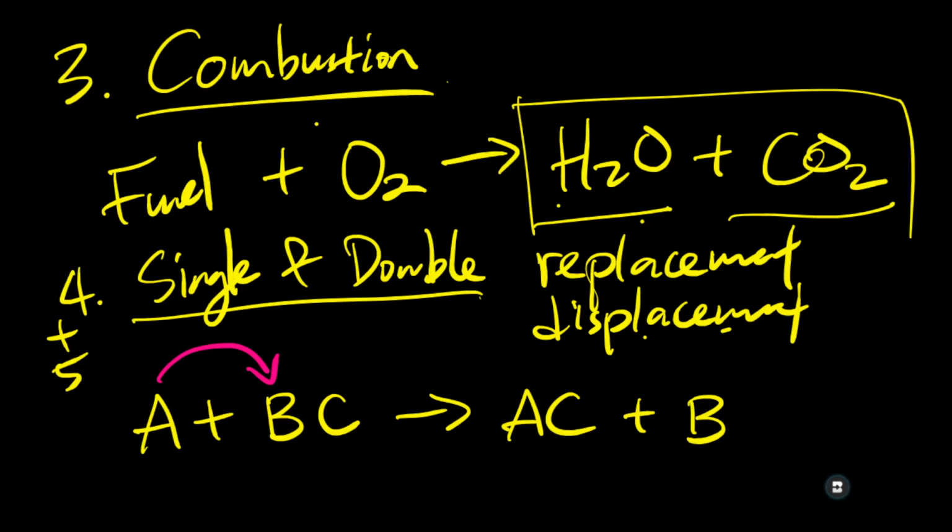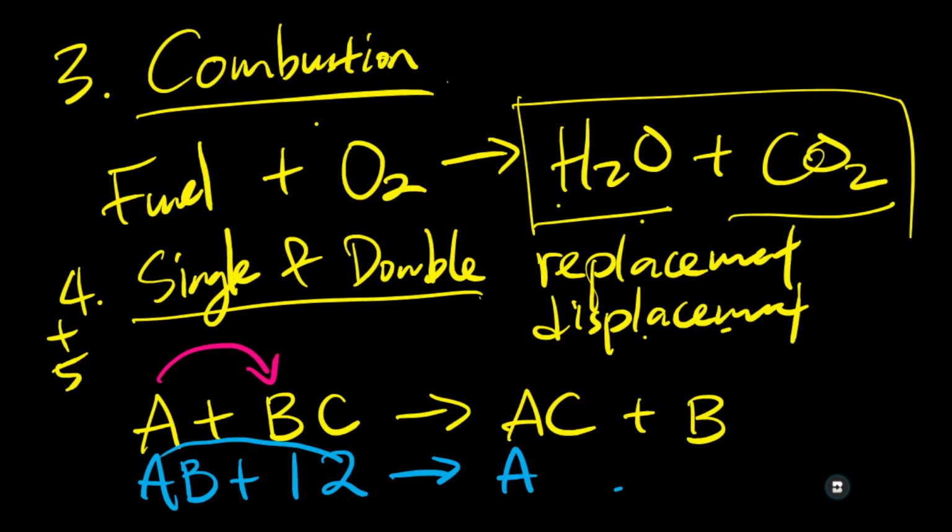And then for double, it would be something like AB plus, let's use 1 and 2 instead of letters. So A will combine with 2, A2 plus 1B. 1 will combine with B. So two things will switch places.